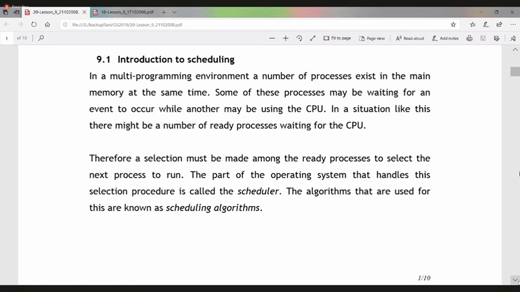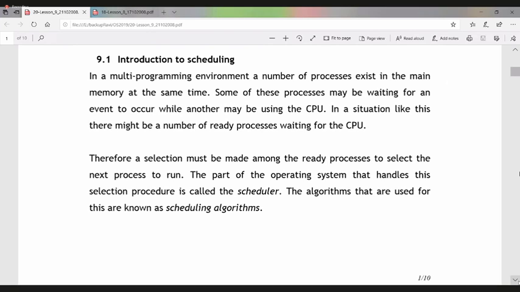So, introduction to scheduling. In a multi-programming environment, a number of processes exist. In our operating systems, there are so many processes, sometimes hundreds, existing in the main memory at the same time. Some of these processes may be waiting for an event.